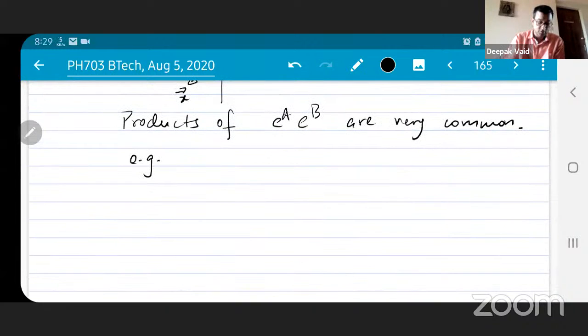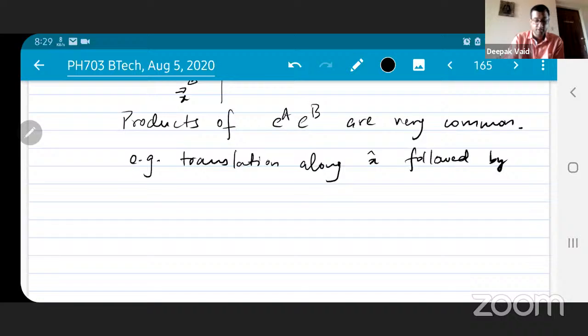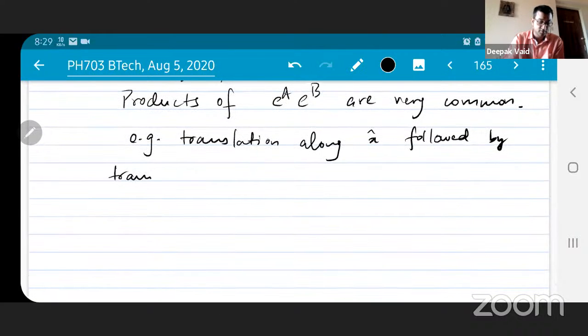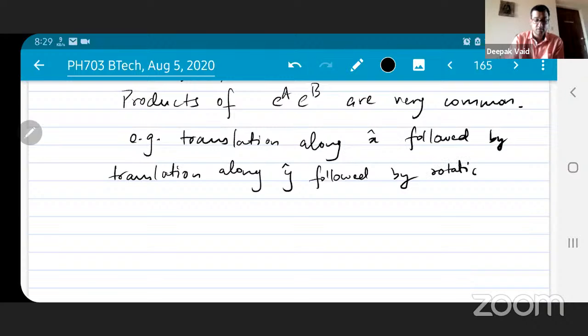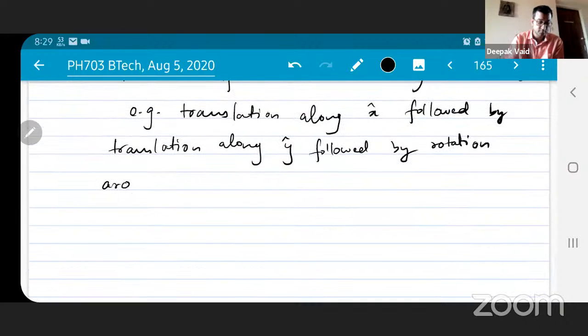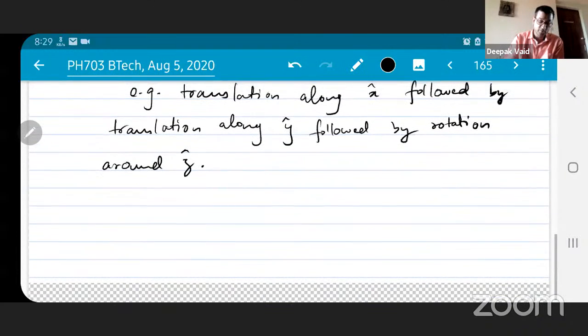For example, translation along x followed by translation along y, right? And then you might want to rotate it around the z axis. So you can have any arbitrary combination, right?